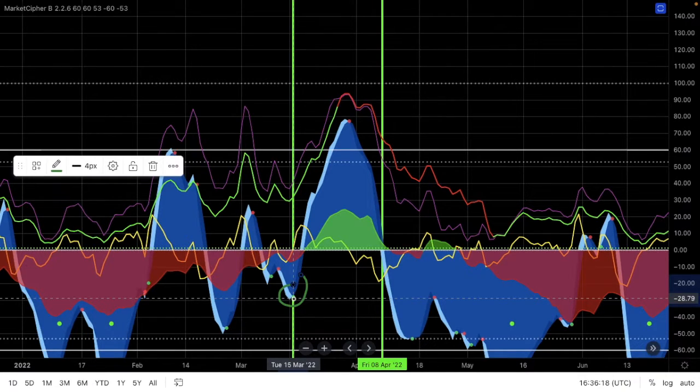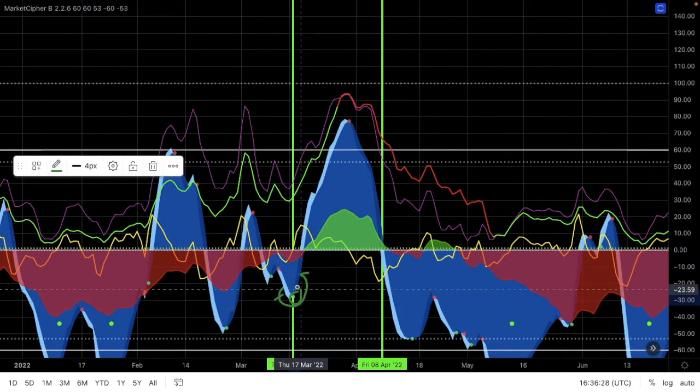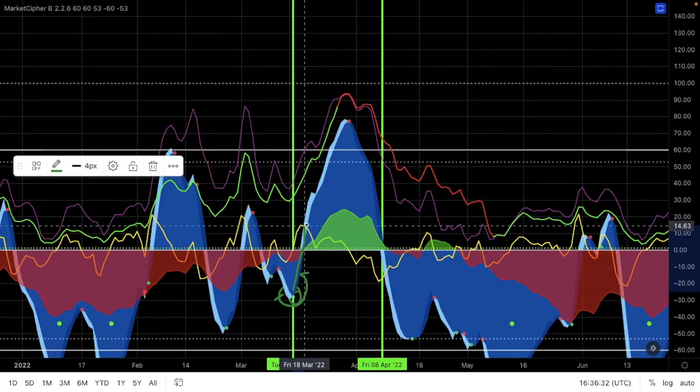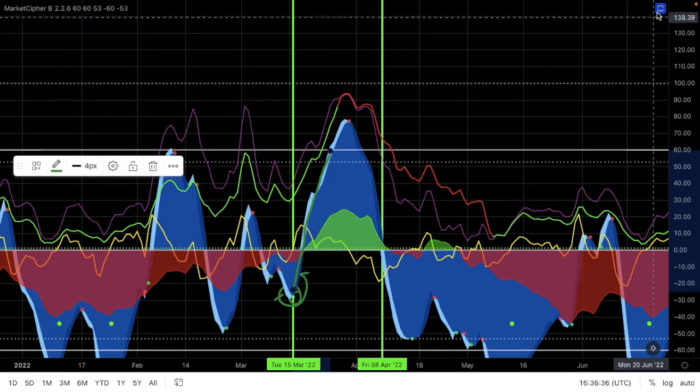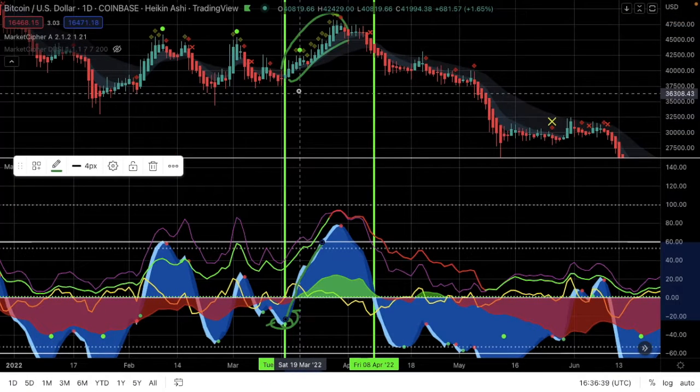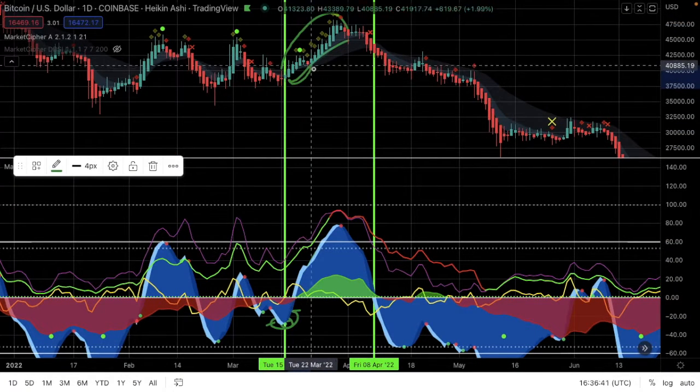Red means stop. It's going down. So these are normal signs. So there was an intersection between two oscillators, the deep blue one and the light blue. Then we printed a green dot. Then what happens to the momentum, which is force, started going up. You understand? Started going up, going up, going up. So the force that we needed to push price up pushed price up.